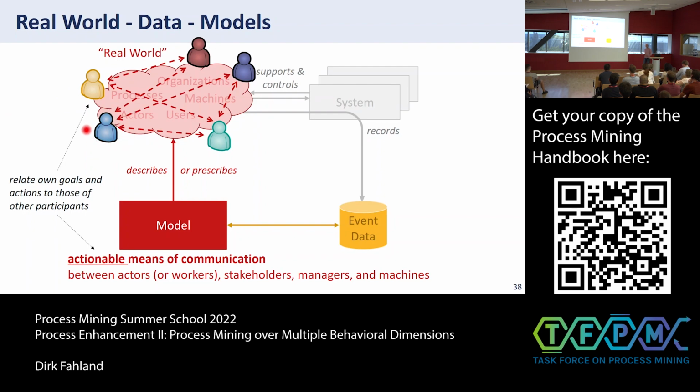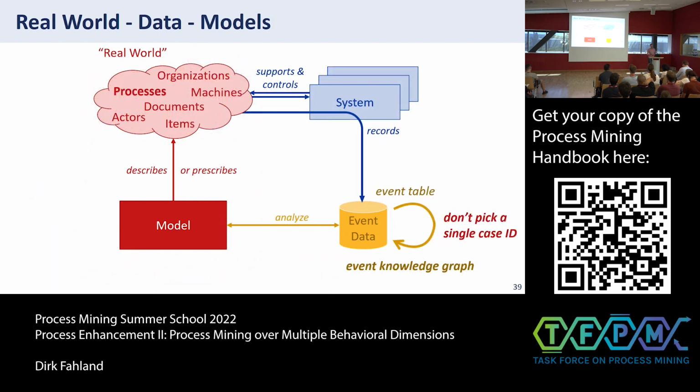I mean, processes happen because people do work and collaborate. So if I want to help these people become better, I need a model that allows them to communicate about how they're working together. I need an actionable means of communication between actors, stakeholders, managers, maybe even machines.